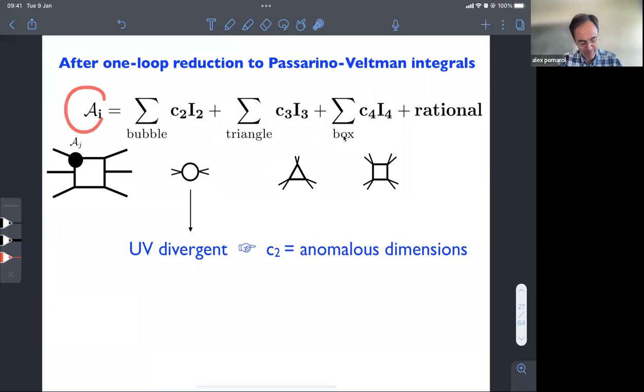You can write any amplitude as coefficients that depend on the kinematics times some integrals I2, I3, I4, that are integrals over the momentum, represented here, that contain two propagators.